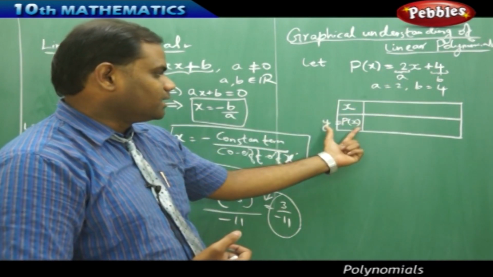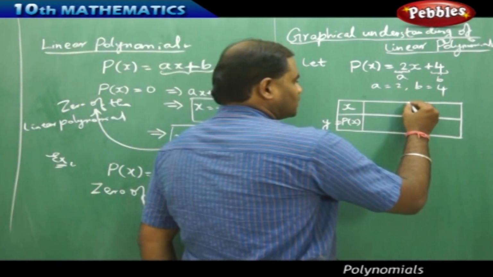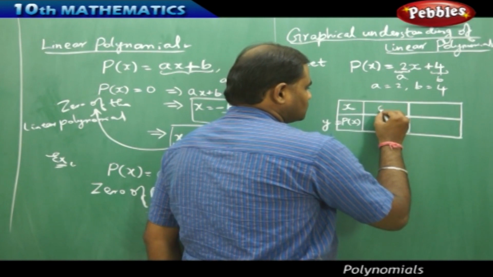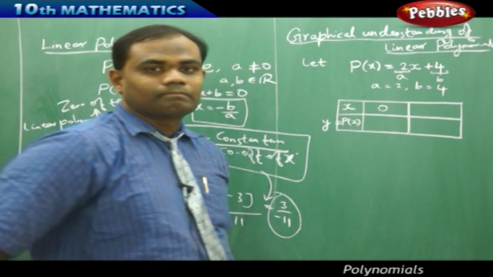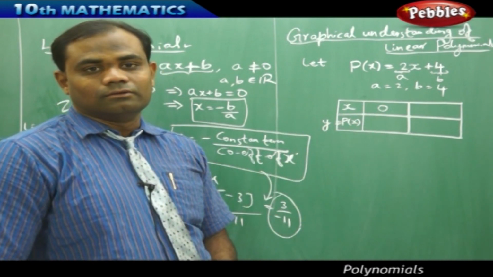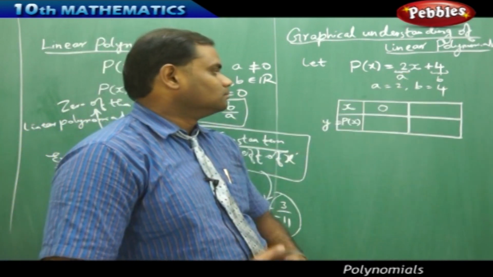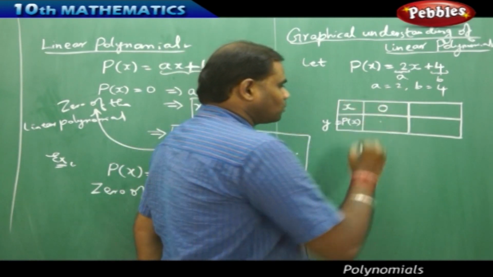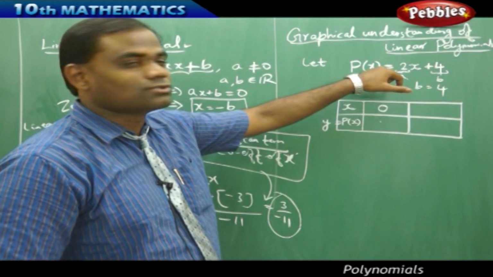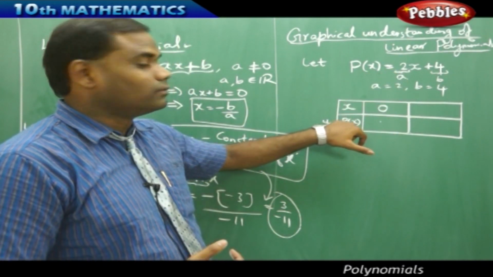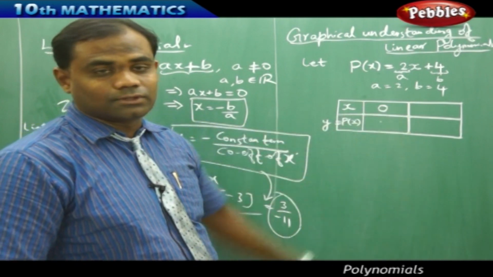So x and p of x values are separately taken, and what I do in the linear form is first I substitute x equal to 0. So when x is 0, I want to know the value of y which yields from the given problem. So let's see what will be the corresponding value of y or p of x for x equal to 0.